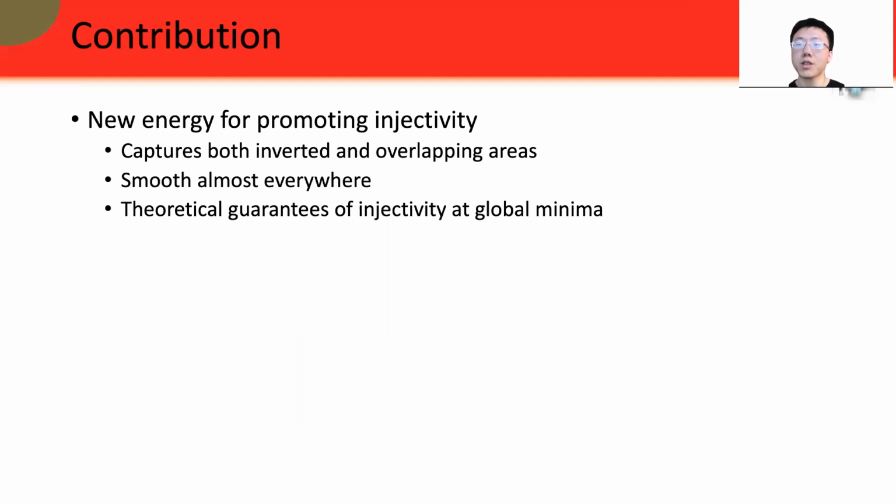Our energy captures both inverted and overlapping area. It's sufficiently smooth to allow gradient-based solvers to proceed, and we proved the energy has theoretical guarantees of injectivity at its global minimum. Next, we'll define this energy and discuss its properties.